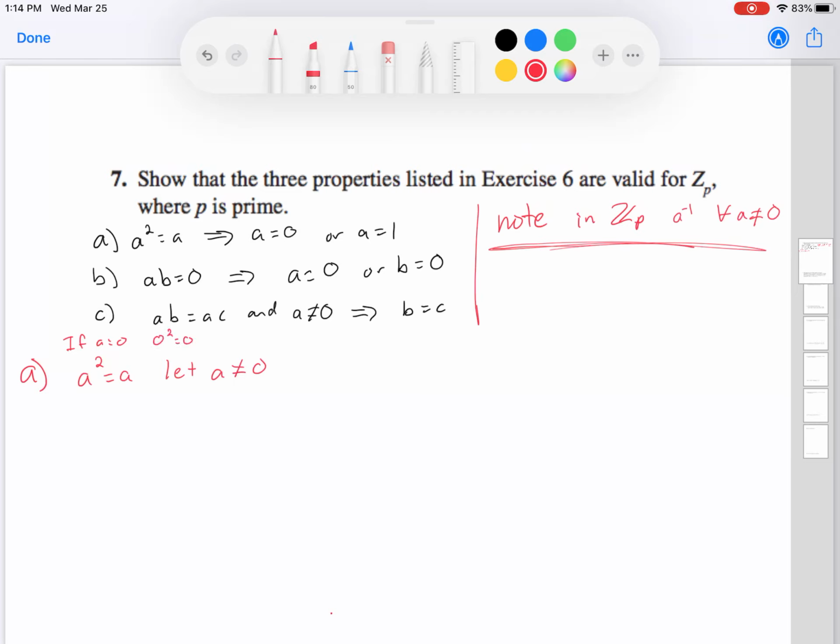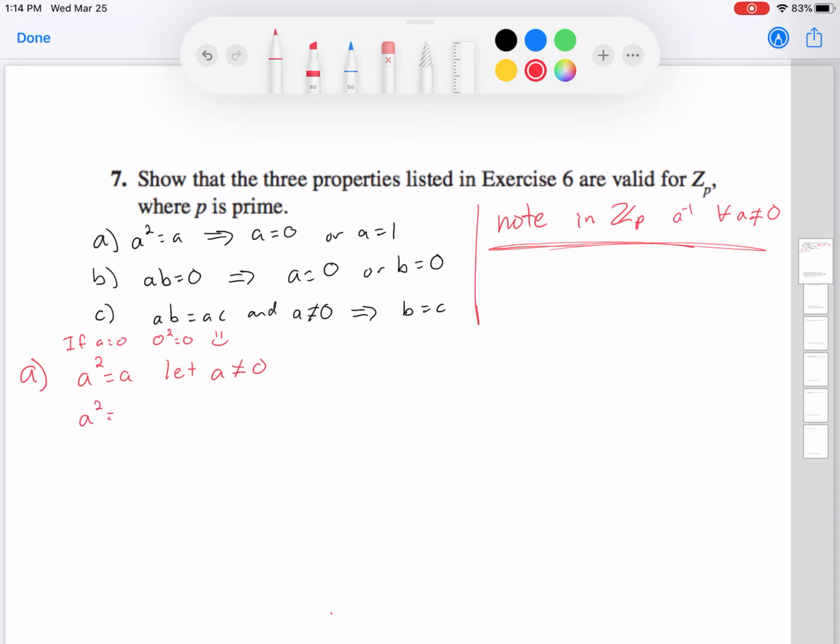If a equaled 0, then we would have 0 squared equals 0. Of course, that is true. So we have a squared equals a. Let a not be equal to 0. Let's show that it has to then be 1.